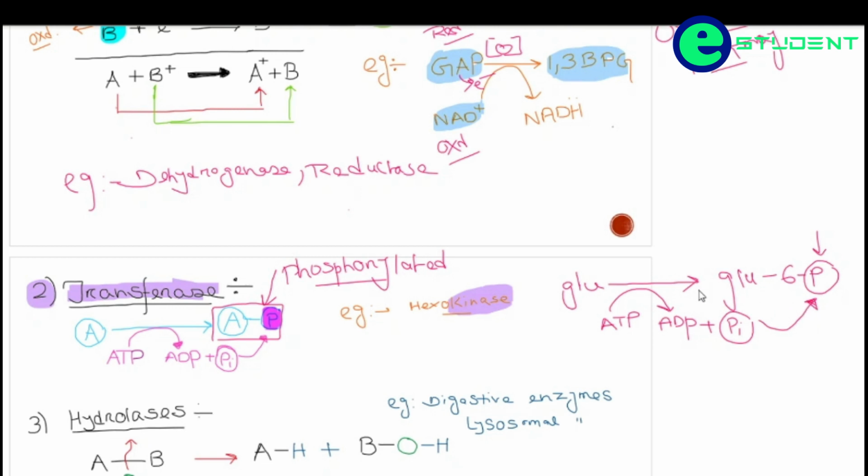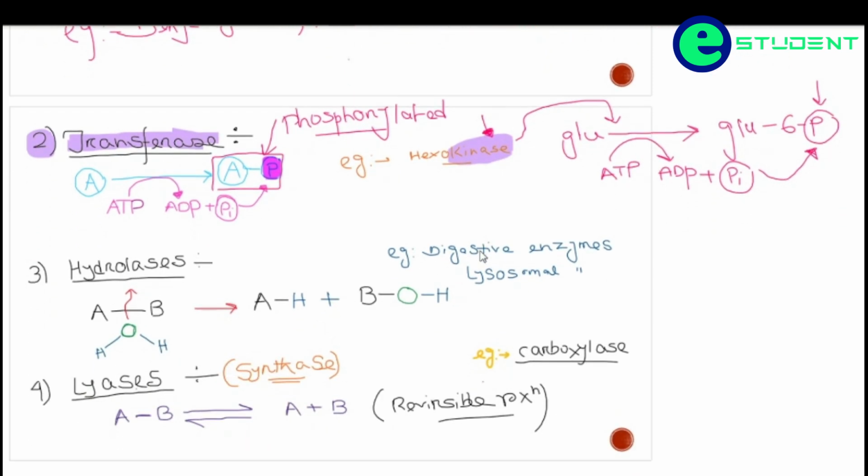So glucose is converted into glucose 6-phosphate by the enzyme hexokinase. So there is the name kinase. Mainly all enzymes which have kinase in their name catalyze this kind of transferase reaction.